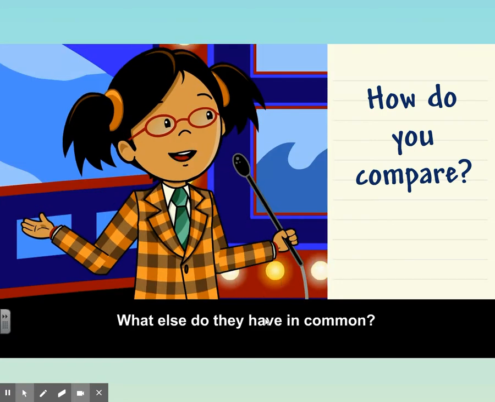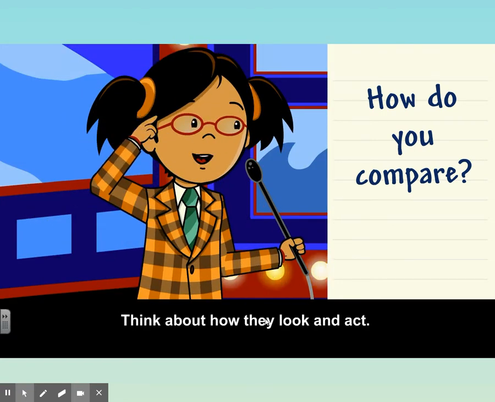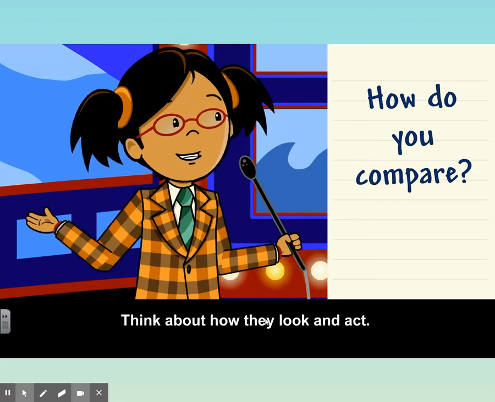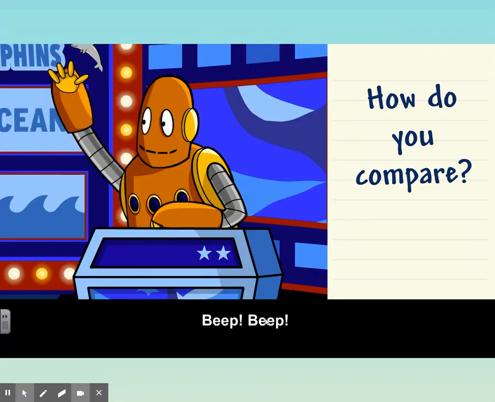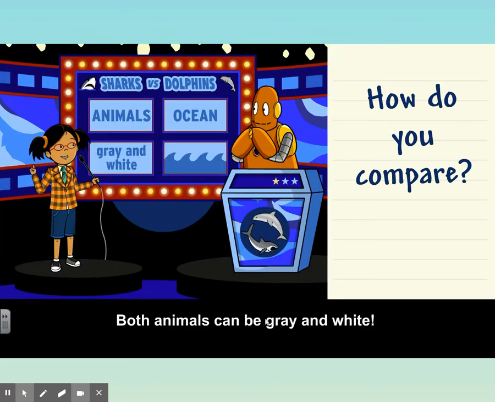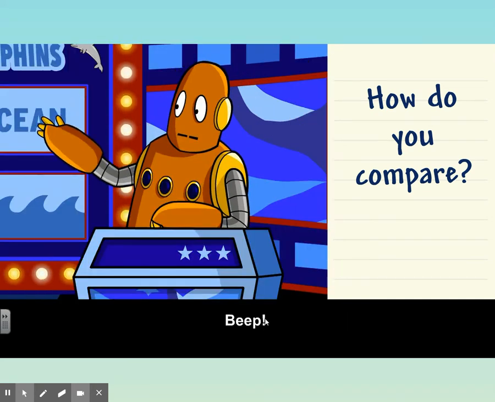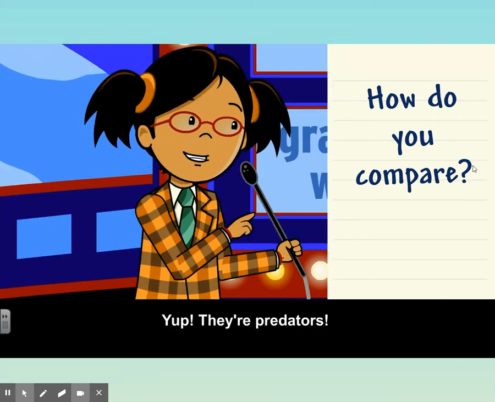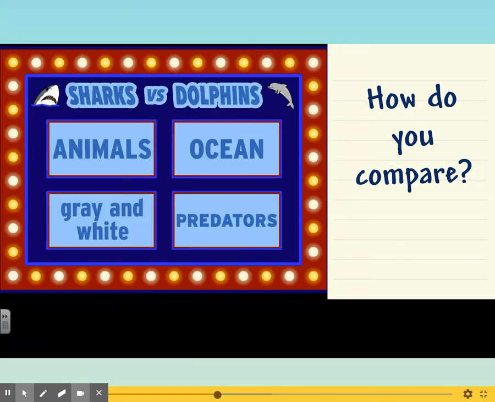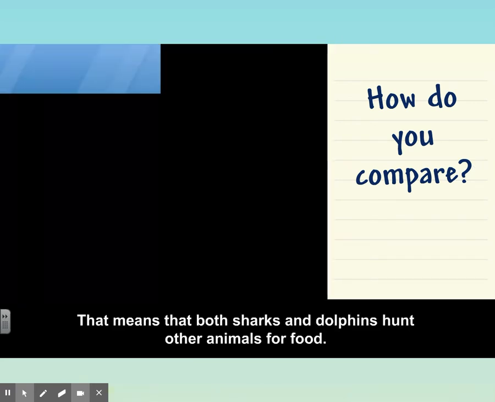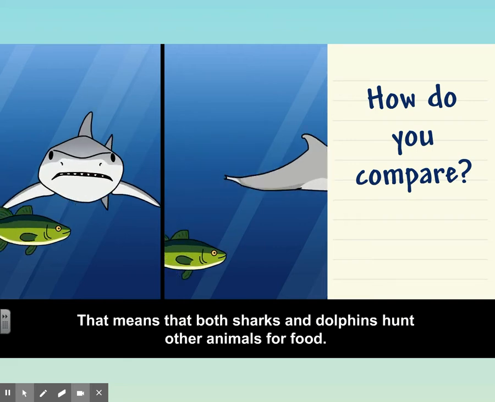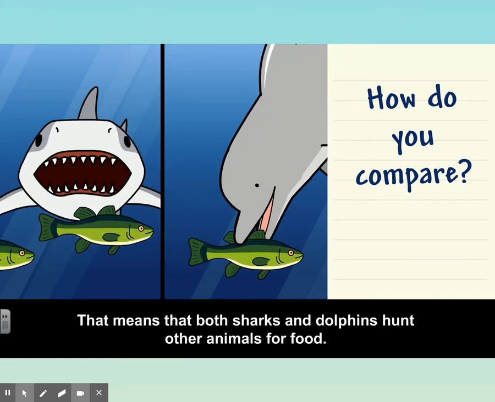What else do they have in common? Think about how they look and act. Both animals can be gray and white. Yep, they're predators. That means both sharks and dolphins hunt other animals for food.